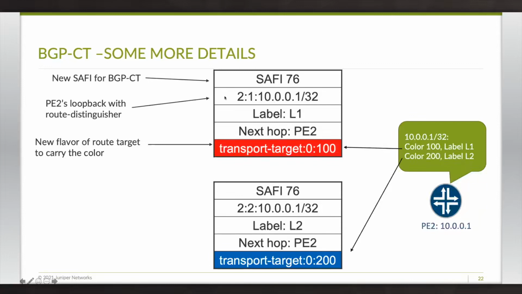Then you've got the label value, L1, for the color 100 transport, and a different label value, L2, for the color 200 transport. In order to convey the actual color, there's a new flavor of route target called the transport target, and the color is embedded within that. So that's a flavor of how BGP CT modifies BGP to carry this type of color information.